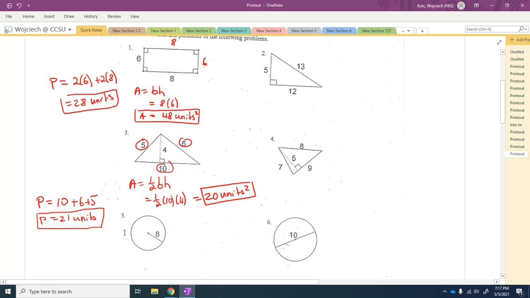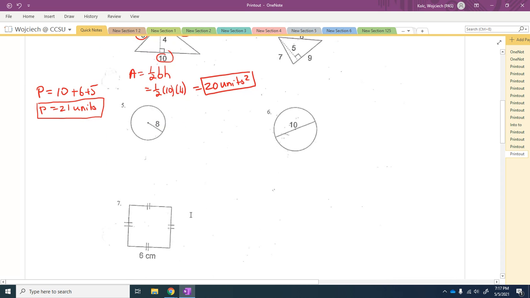So the perimeter is equal to 21 units. And quickly, question number 5. This is called a circle. The area of a circle is pi r squared. So area would be 3.14 times 8 squared, which is 3.14 times 64.